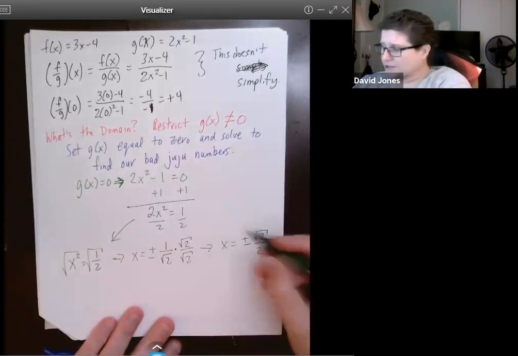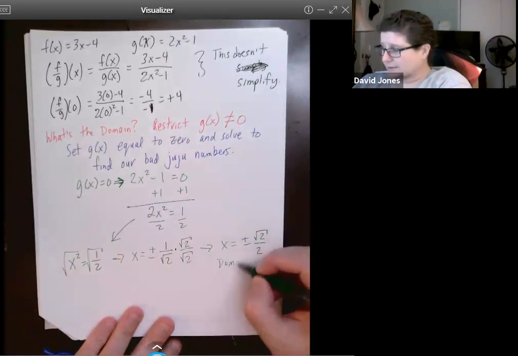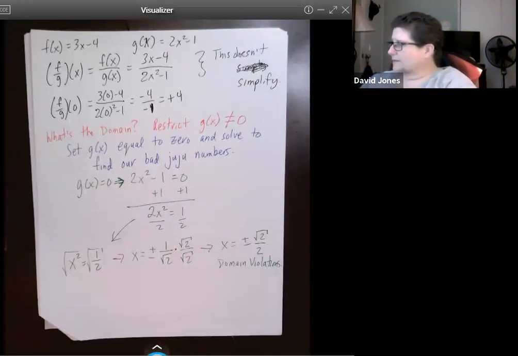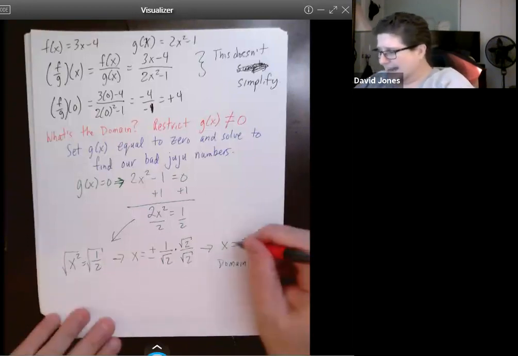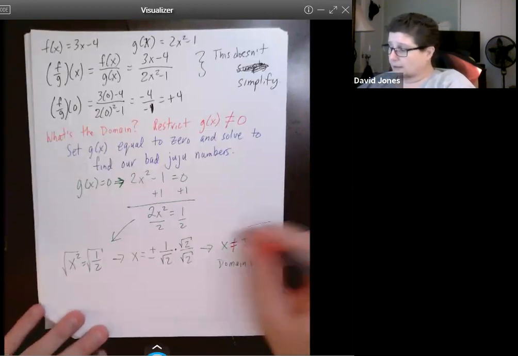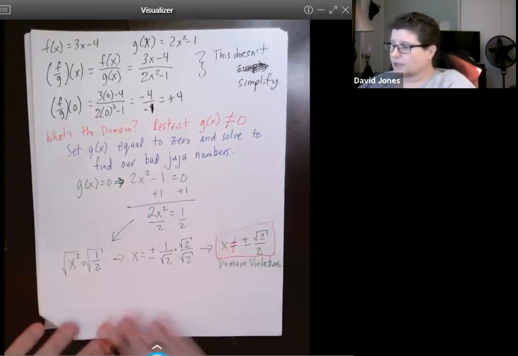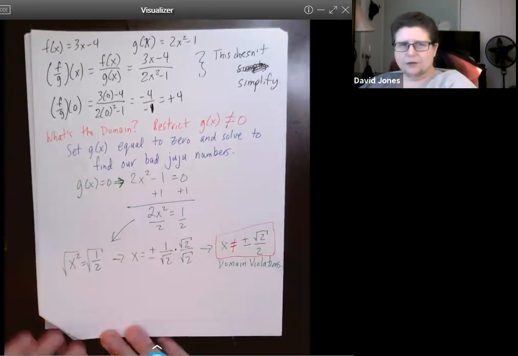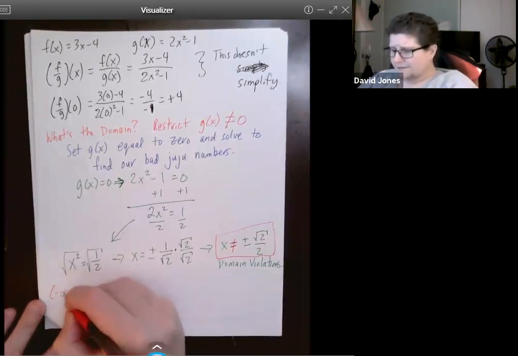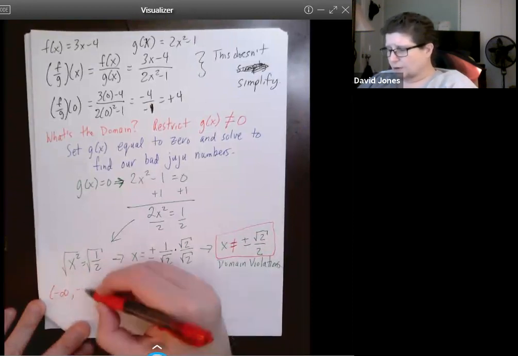That's the problem. These are domain violations. And there's two of them, negative square root of 2 over 2 and positive square root of 2 over 2. So x cannot equal that. If we wanted to write it in interval notation, it's negative infinity up to negative square root of 2 over 2.